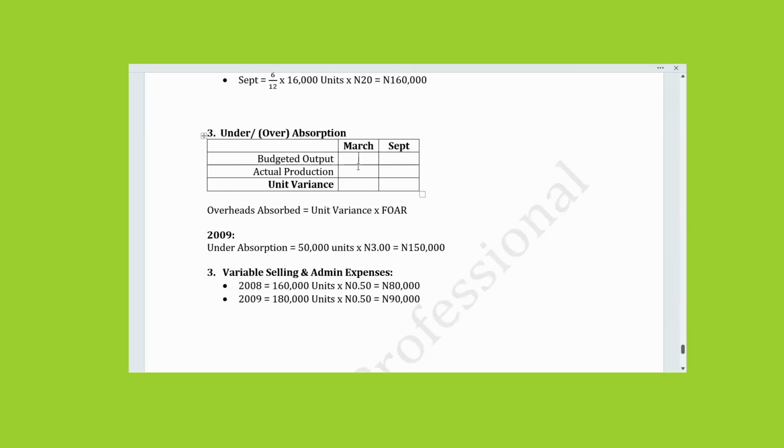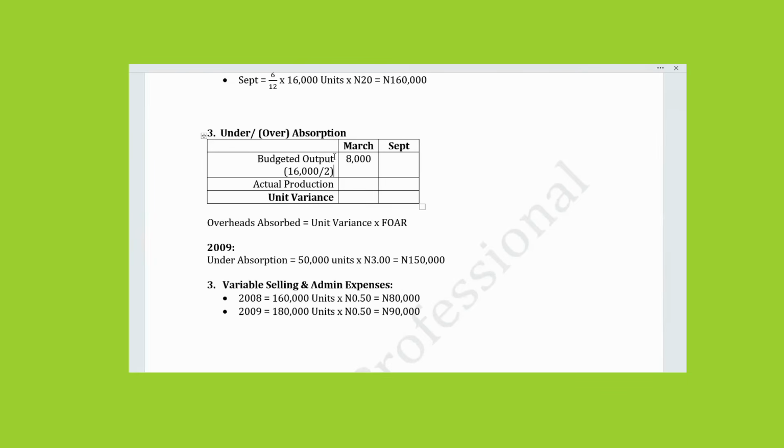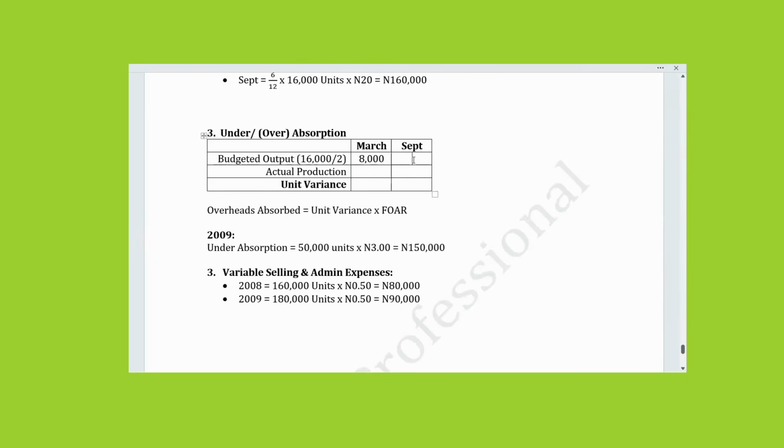So for the whole year 2015, the company's budgeted output was 16,000. So for the period ending March, it will be 8,000. Here is 16,000 divided by 2. That's how we arrive at 8,000.